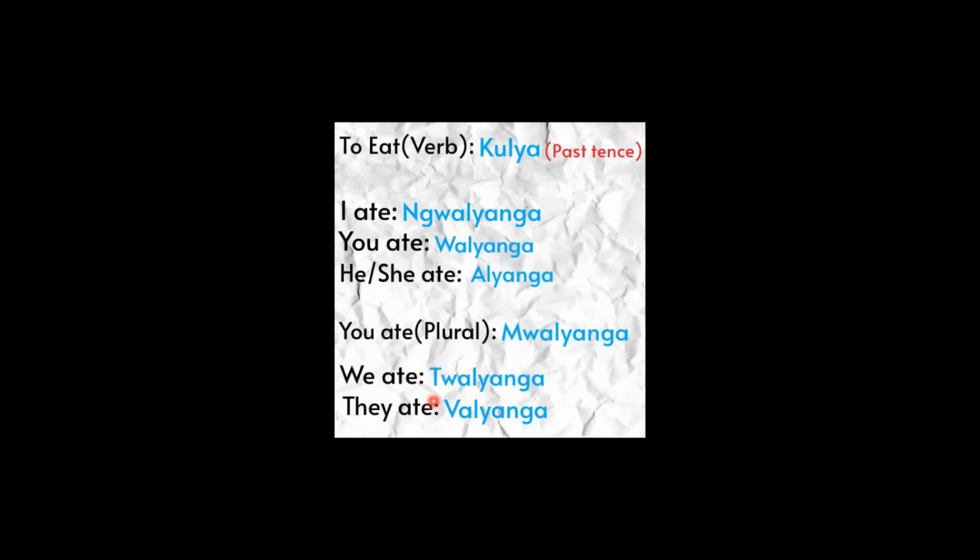They ate, balyanga. If you want to say they have eaten, banali. So those are two forms of past of a verb, two ways of describing something which happened in the past.